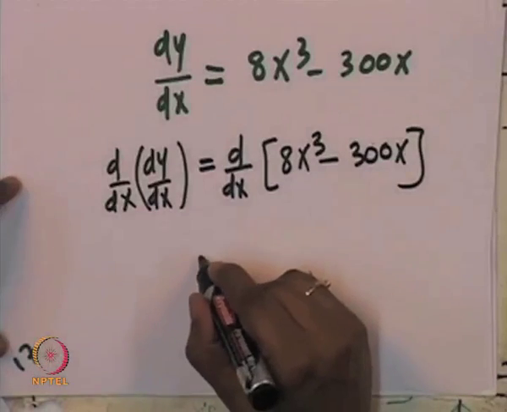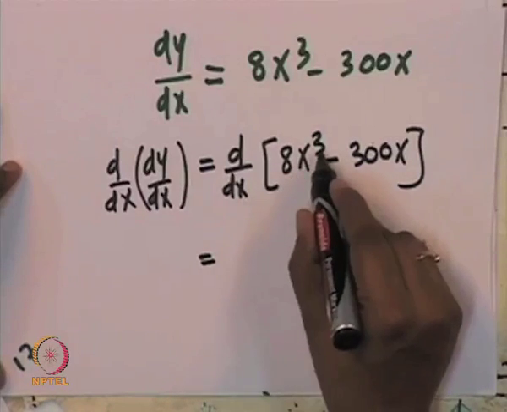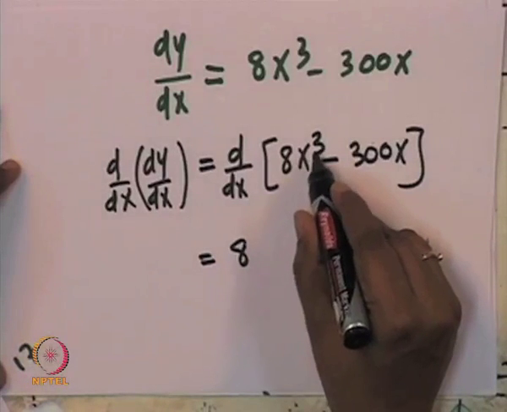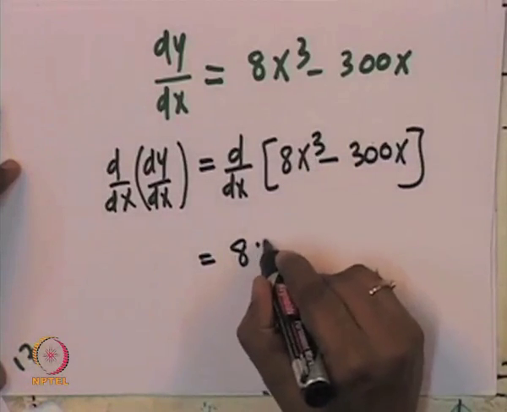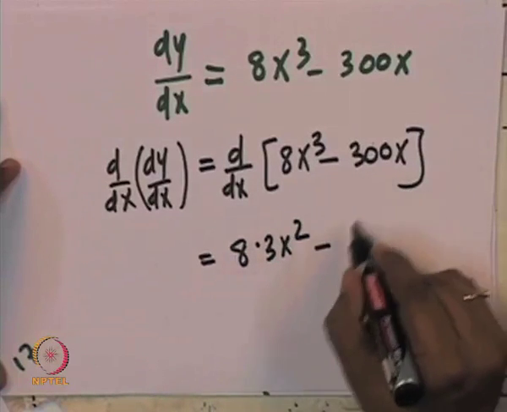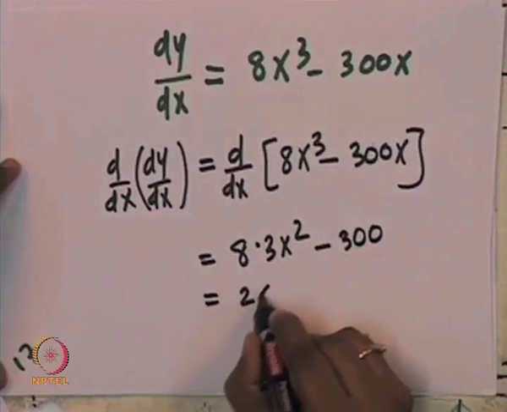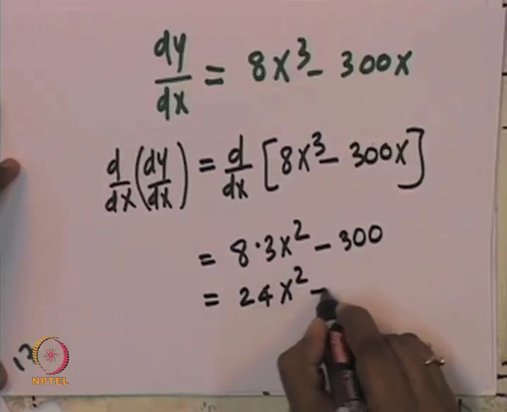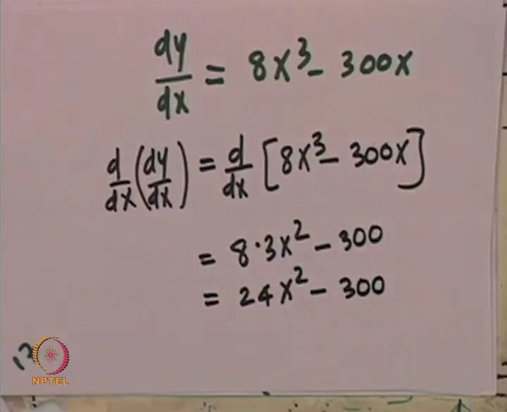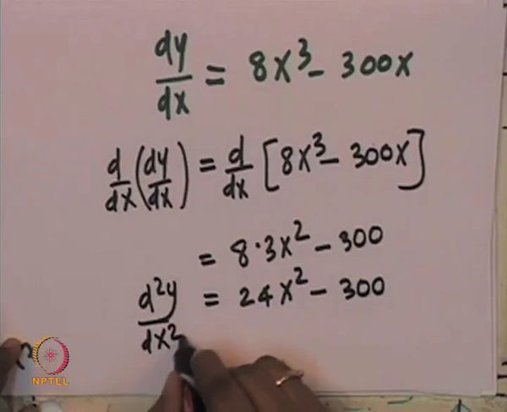Now, you can do this yourself. Let me quickly do this. 8 is a constant and derivative of x cube is 3 x square. So, 8 into 3 x square minus 300, which is a constant, times derivative of x, which is 1. So, this is basically 24 x square minus 300. This is the second derivative, d square y by dx square.